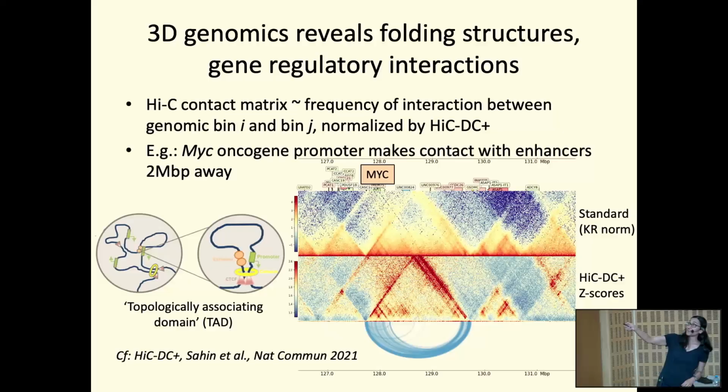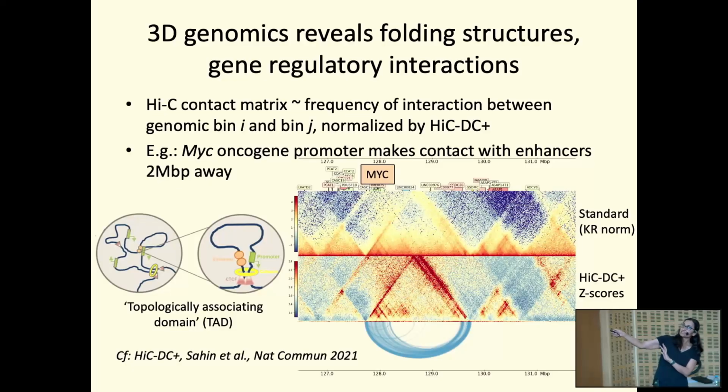And you start seeing these triangles, okay, which are called topologically associating domains, and we think they're kind of like, the chromatin extrudes through a cohesin ring, and you have this self-interacting region, okay?